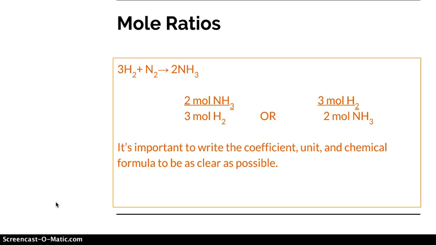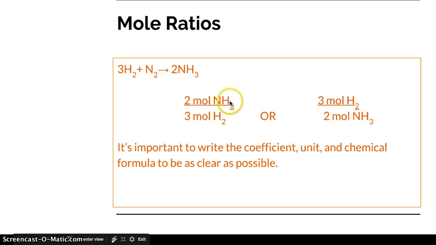What this is getting me to is the idea of a mole ratio. And so I have 2 examples of mole ratios written on the screen. This is one relationship. So 2 moles of ammonia is produced when 3 moles of hydrogen reacts. That's a relationship given to me by this equation. I can write that relationship 2 different ways based on which unit I need to cancel.